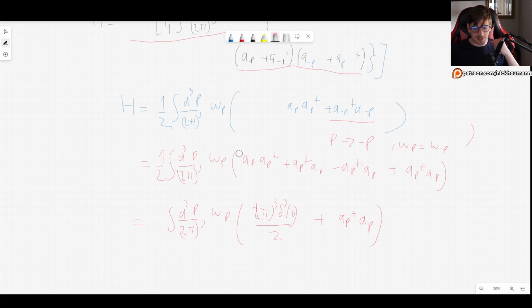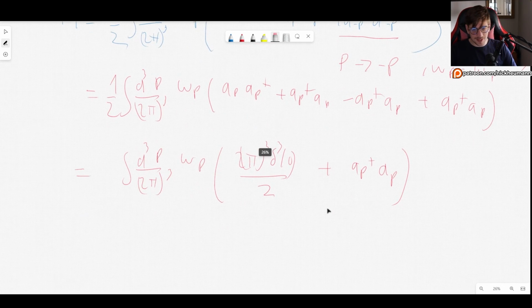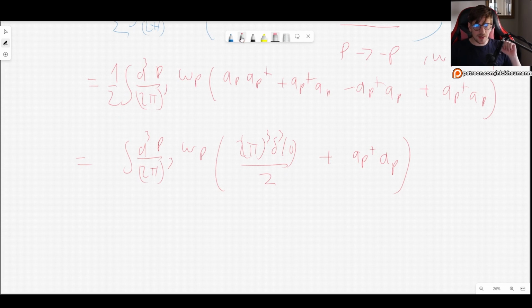Now keep in mind what we have here. This is basically the ground state energy, right? This is like that 1/2 that we had in the quantum harmonic oscillator, and this is kind of like that h bar omega that we had. That's kind of just to make the comparison. But now we are summing over every single possible value for p.